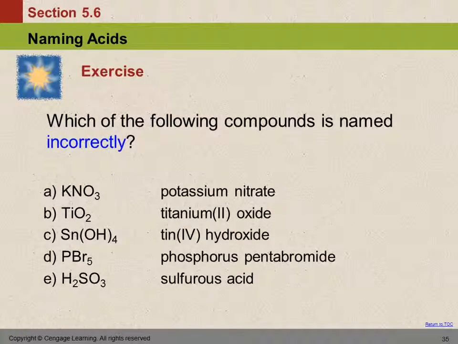Well, there's an example. This is fun because it mixes a bunch of different things together. And according to my iPad, we've got 1 minute. So, which of the following compounds is named incorrectly? Well, this could take a while, huh?